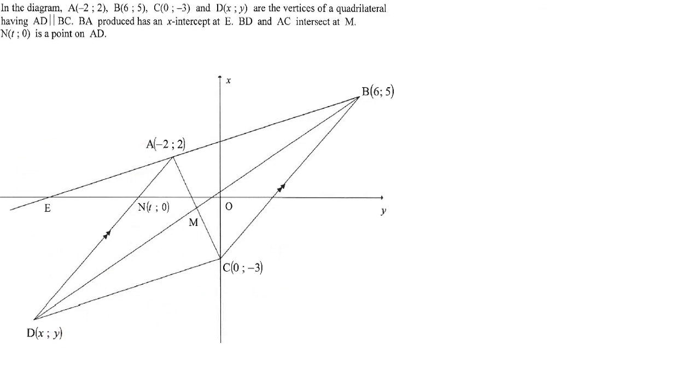Let's check the question. Our question says, in the diagram, A, B, C, D are the vertices of a quadrilateral, and, which is very obvious, AD is parallel to BC.